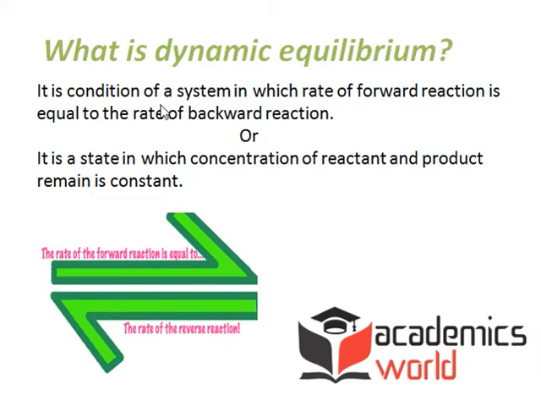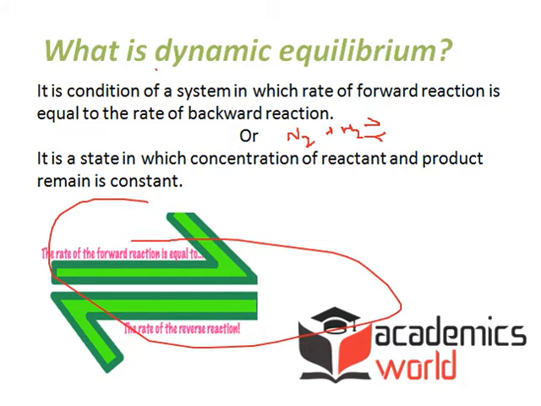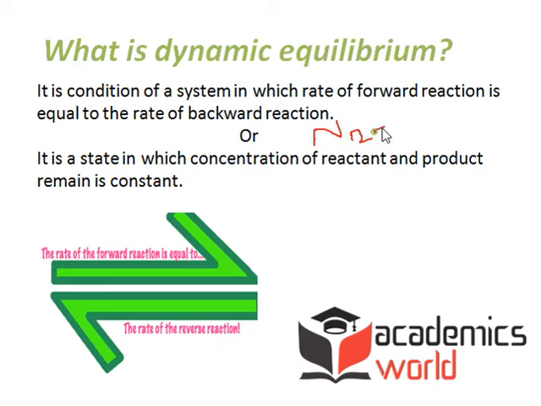So let us clearly understand what is dynamic equilibrium. It is a condition of a system. I am giving you an example, but first we read this definition: in which the rate of forward reaction is equal to the rate of backward reaction. So the example is N2 plus H2 with the equilibrium sign, please note, giving NH3.